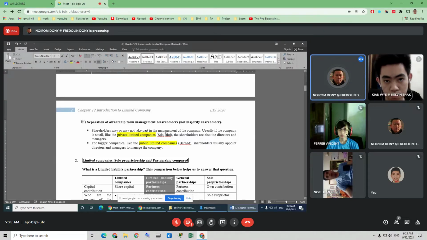So that is the difference between these two. Any example of a public limited company that we have in Malaysia? The biggest one is Petronas Berhad. Or even we have PMB Berhad. Those are public limited companies.